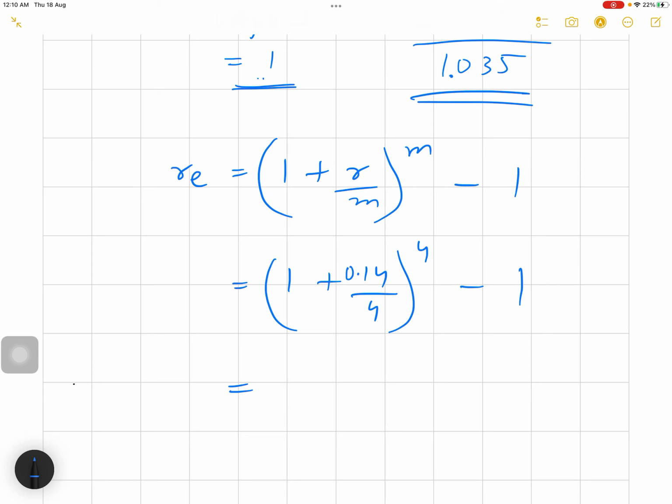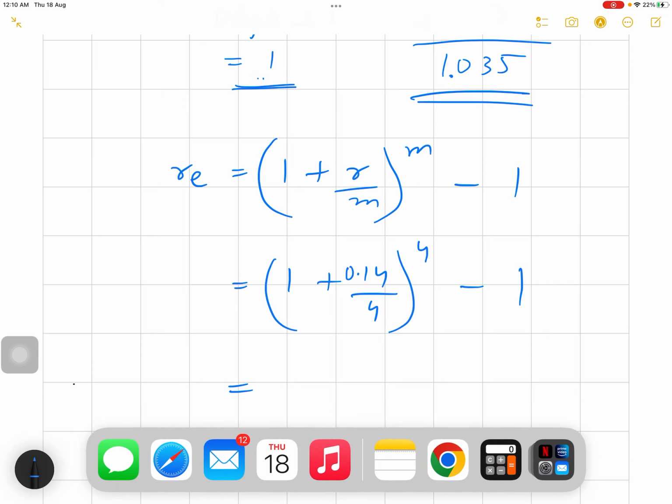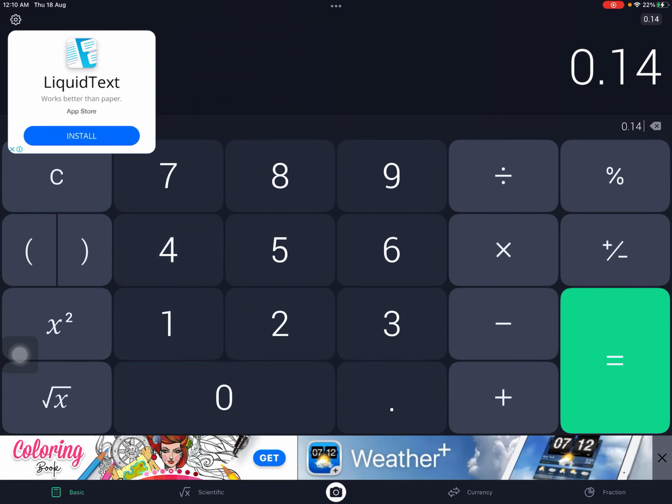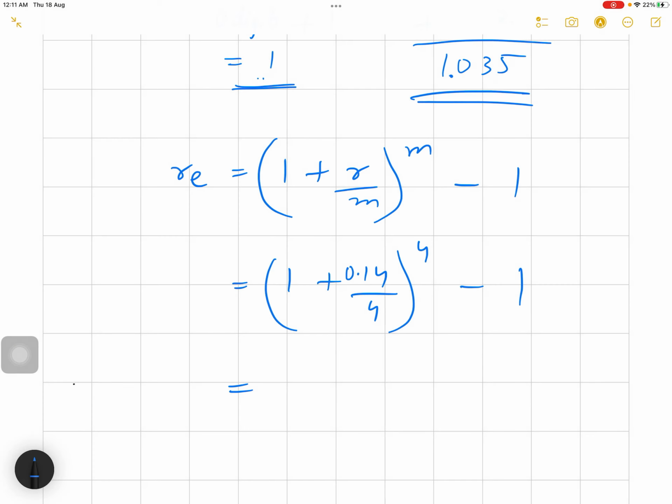So 0.14 divided by 4 comes to 0.035, plus 1, so 1.035.